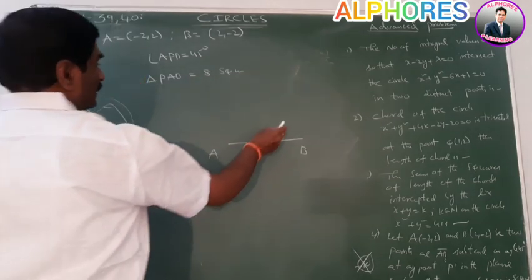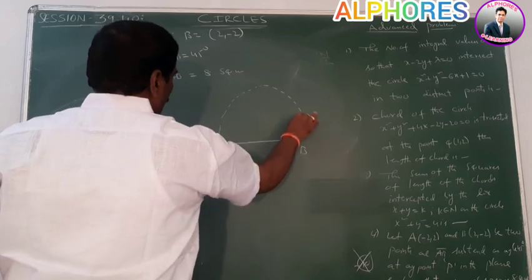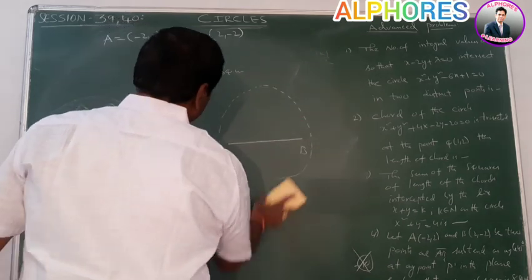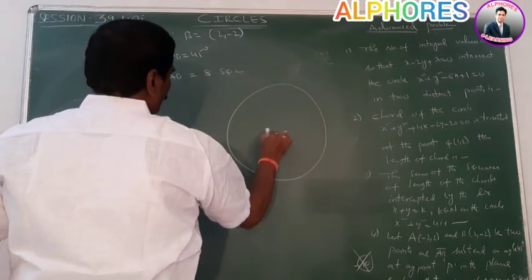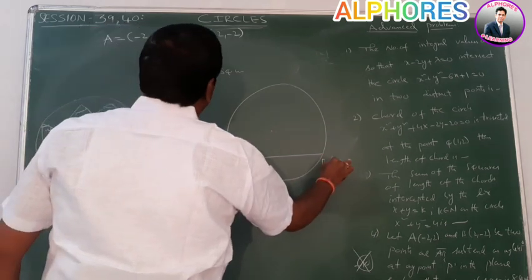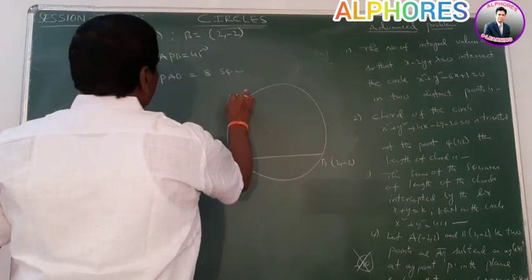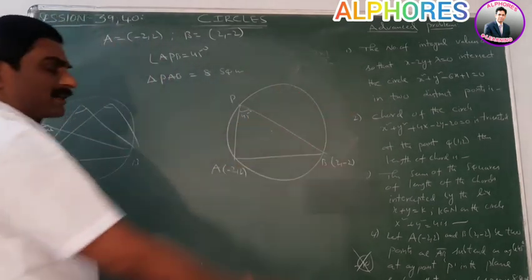The possible cases. Suppose it is the circle passing through AB. A point minus 2 comma 2, B point 2 comma minus 2, P is any variable point on this circle. In this case the angle is 45 degrees. At any point we get 45 degrees.